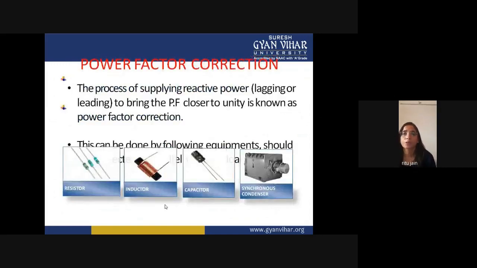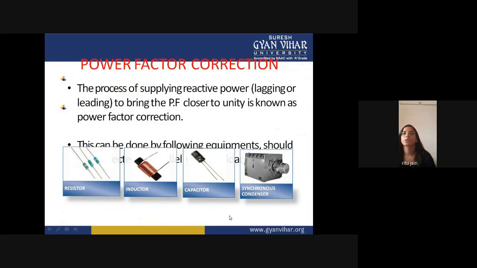So let's come to the point of what procedures we can use to correct the power factor. Everyone knows these electrical components: resistor, inductor, capacitor and synchronous condenser.